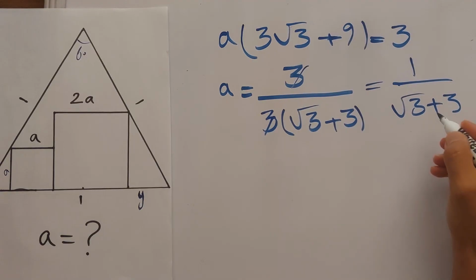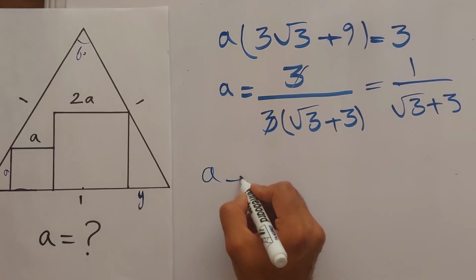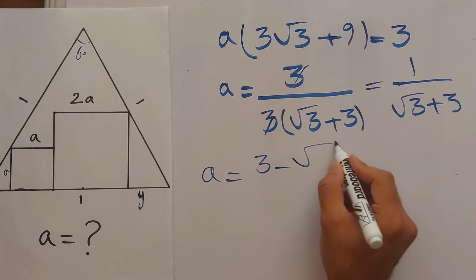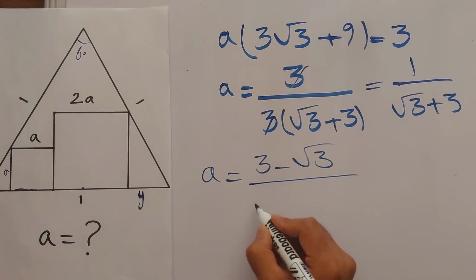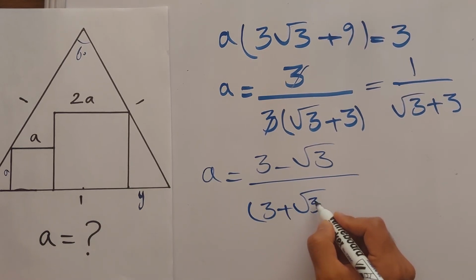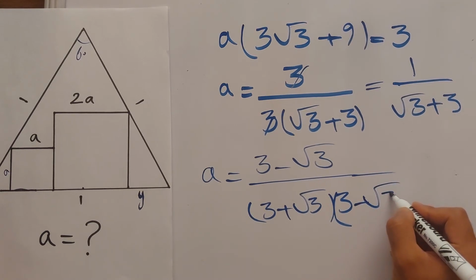So the conjugate is 3 minus square root of 3. So let's multiply both sides. So that's going to be 3 minus square root of 3 over 3 plus square root of 3 times 3 minus square root of 3.